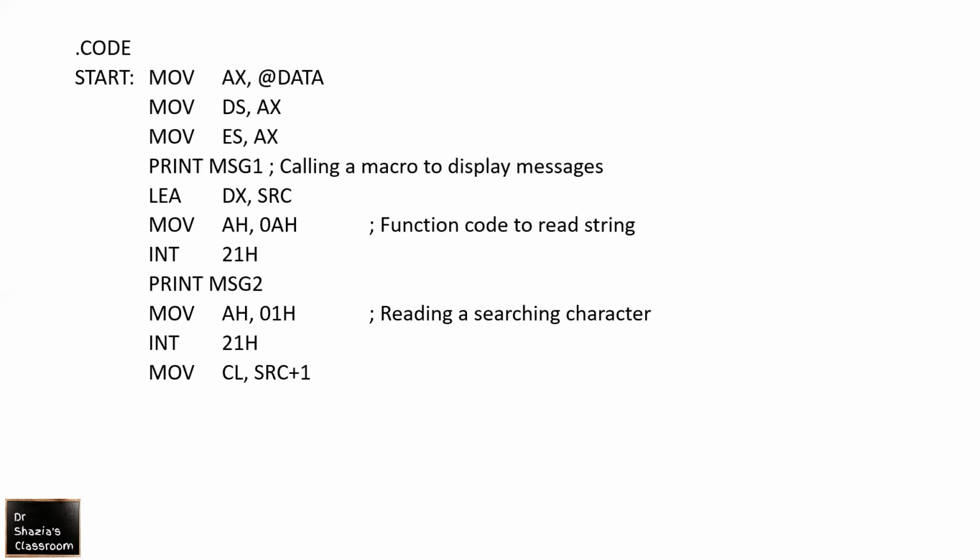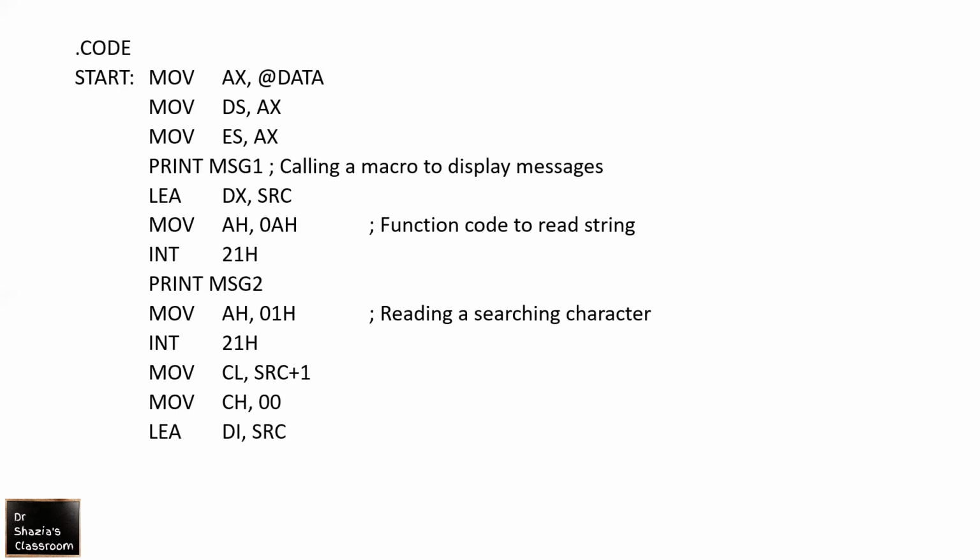Whenever a string is stored, the address SRC plus 1 contains the length of the string, and the actual string starts from SRC plus 2. So the content of SRC plus 1, which contains the length of the string, is loaded onto the CL register. CL register will be used as my counter. I am making CH register 0.